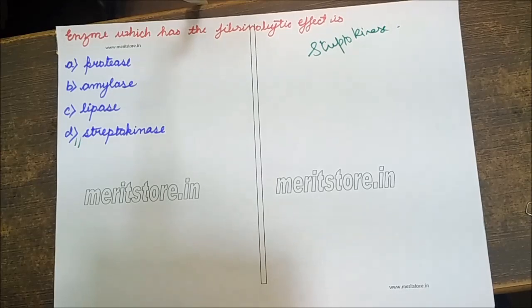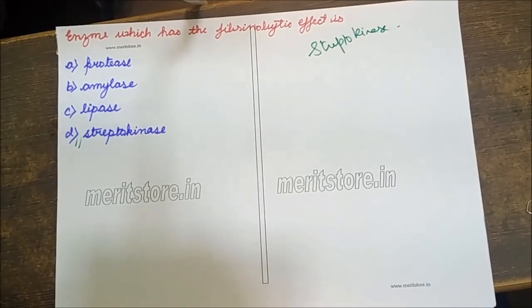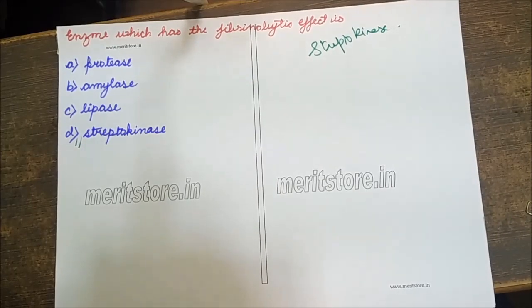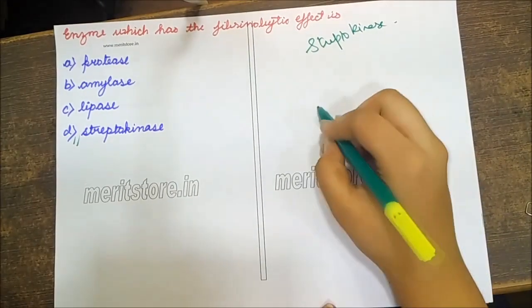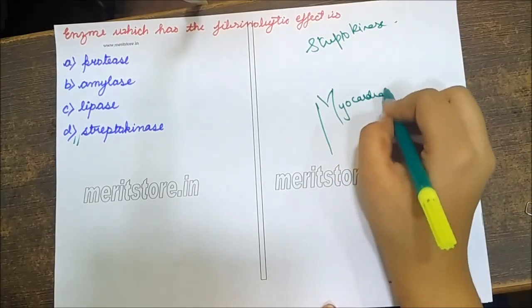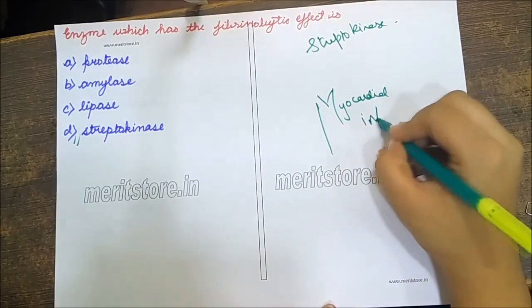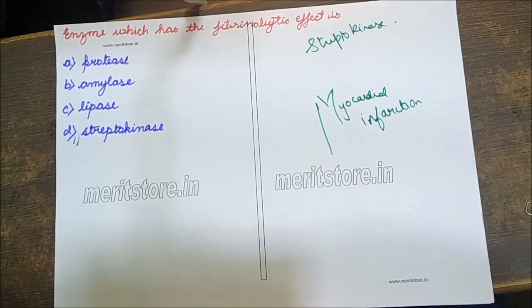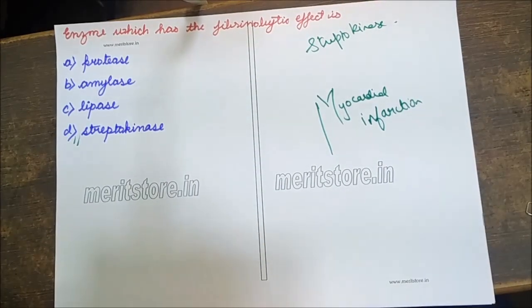It has a fibrinolytic effect, therefore it helps clear blood clots inside the blood vessels in patients who have undergone myocardial infarction, which leads to heart attacks, through dissolution of intravascular fibrin.